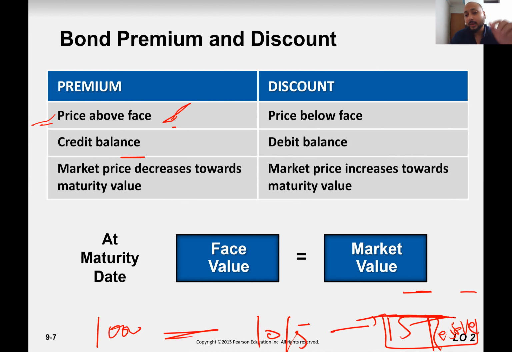But at the end, even if you receive 1015, at the end of the maturity, you will be giving back $1,000. So if I buy this pen in the black market for 300 yuan, but its original price is 100, and I want to sell it back to the company after some time, the company is going to give me 100, not 300, right?